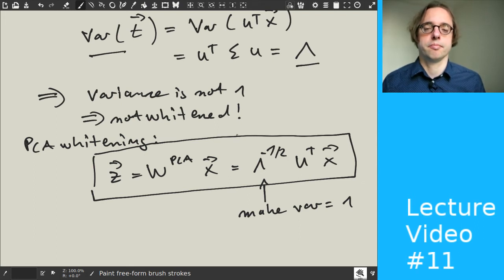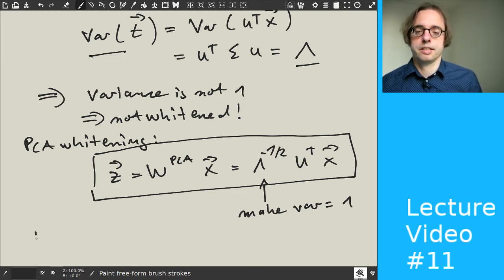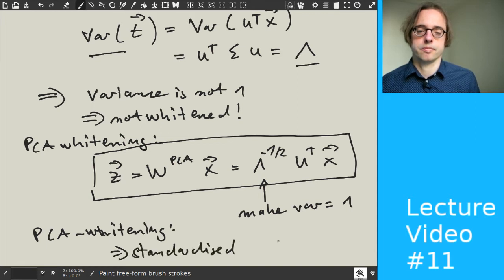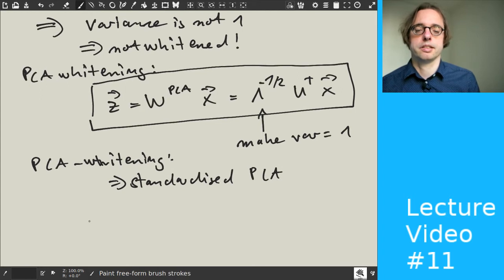So PCA whitening does exactly the same as PCA. PCA whitening is basically standardized PCA. Standardized means the variance of the PCA components is made to 1. But all the other optimality properties are the same.